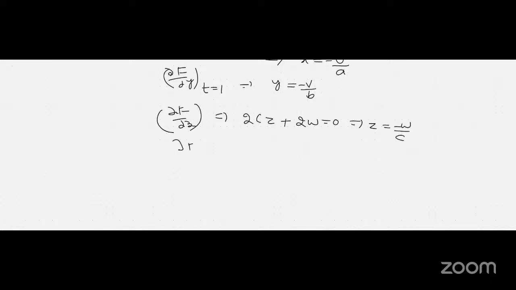And next dou f by dou t. Now we are doing with t, again at the point t equal to 1.